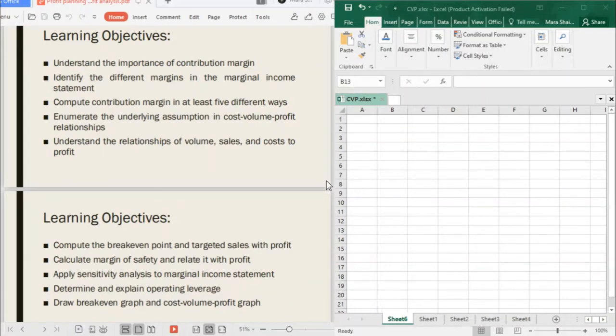We have to understand the importance of contribution margin, to identify the different margins in the marginal income statement, compute the contribution margin in at least 5 different ways, to enumerate the underlying assumptions in cost-volume profit relationships, to understand the relationship of volume, sales, and cost profit, to compute the break-even point and targeted sales with profit, calculate margin of safety and relate it with profit, apply sensitivity analysis to marginal income statement, determine and explain operating leverage, and lastly, draw break-even graph and cost-volume profit graph.